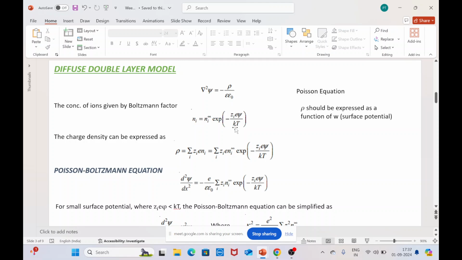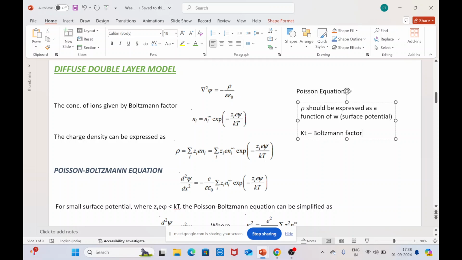We have been discussing this kBT for a long time. kBT is your Boltzmann's factor, or it accounts for the thermal energy in the solution.